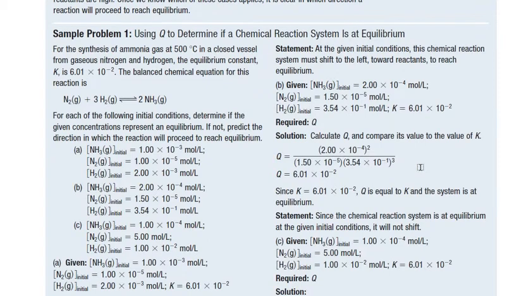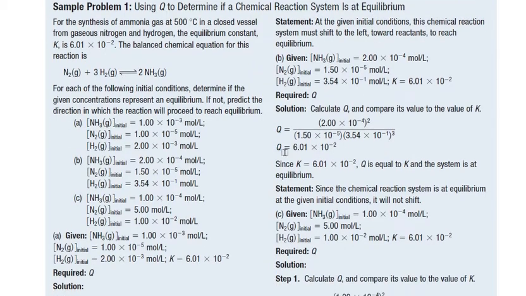So now let's do this sample problem: using Q to determine if a chemical reaction system is at equilibrium. For the synthesis of ammonia gas at 500 degrees Celsius in a closed vessel from gaseous nitrogen and hydrogen, the equilibrium constant K is 6.01 times 10 to the power of negative 2.